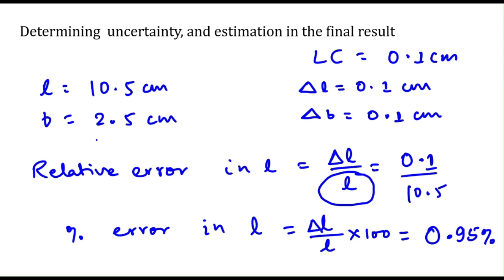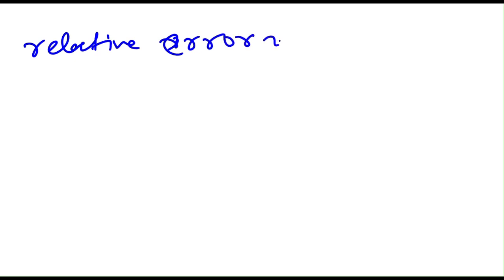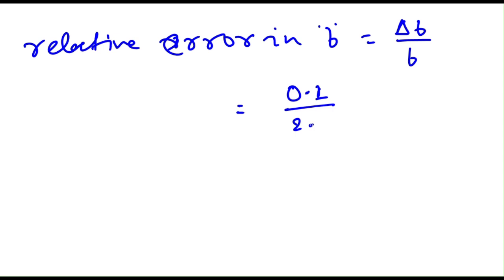Now we are going to check the relative error in breadth. So let's move to the next slide, and then relative error in breadth. I'm writing just B here. So this will be least count divided by measured value, and this should be 0.1 divided by 2.5, and then the percentage error in this case will be 4%.